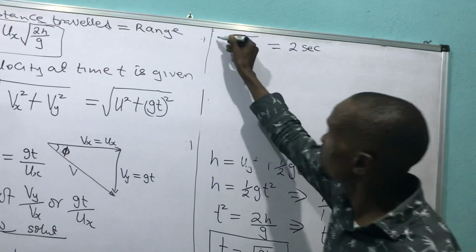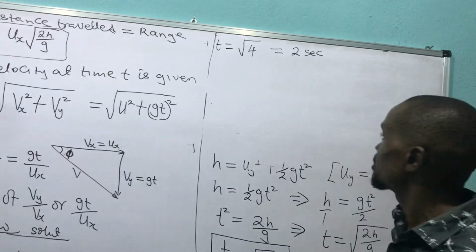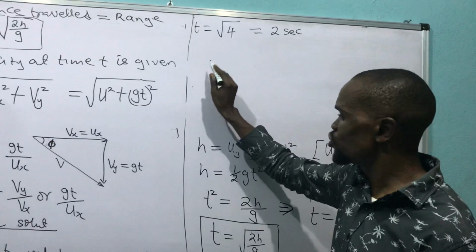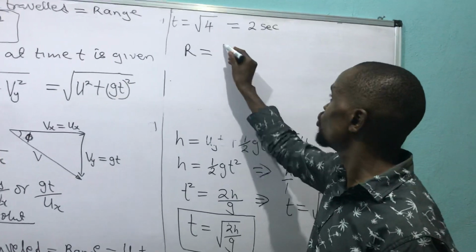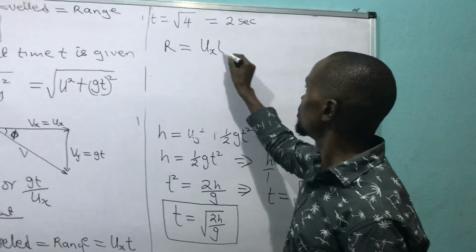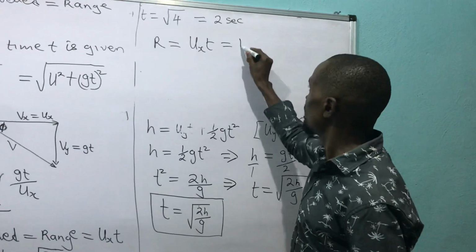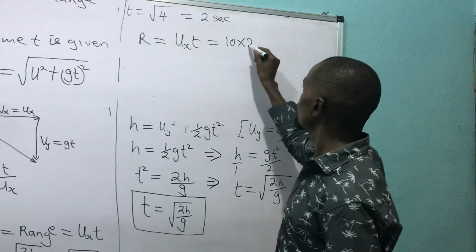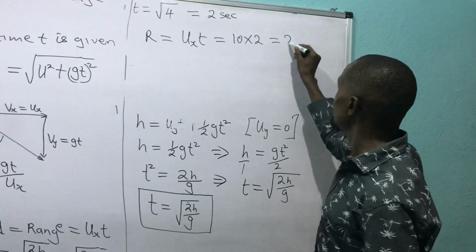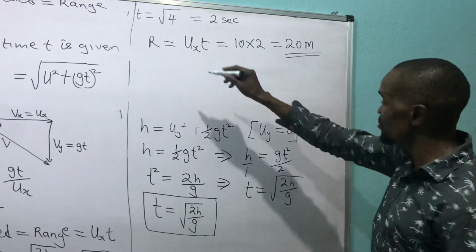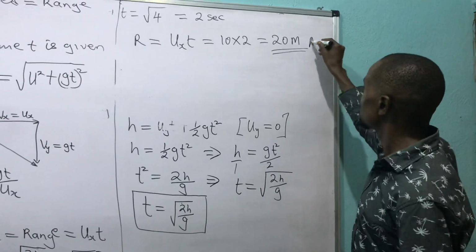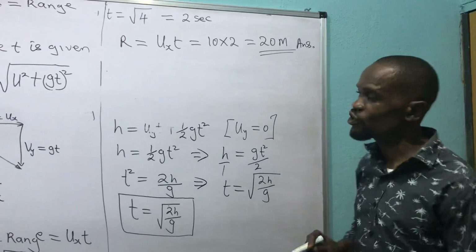I've gotten t to be equal to 2 seconds. Then horizontal distance, which is range, is equal to ux t, which is 10 times 2, which gives me 20 meters. The range is in meters, which is distance. And that's the answer of what they asked us to calculate.